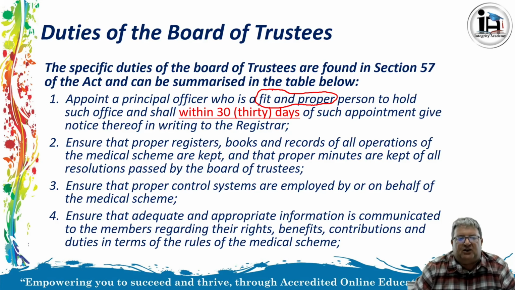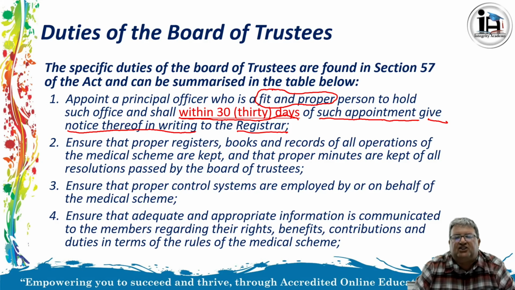A person to hold such office and shall within 30 days, not 15 or 20 or 40, within a month of such an appointment, give notice thereof in writing to the registrar. So you must inform him so that he can know who's the new principal officer of that medical scheme.